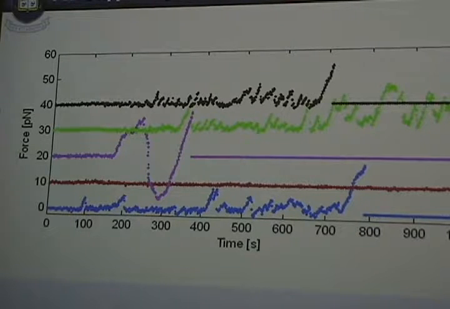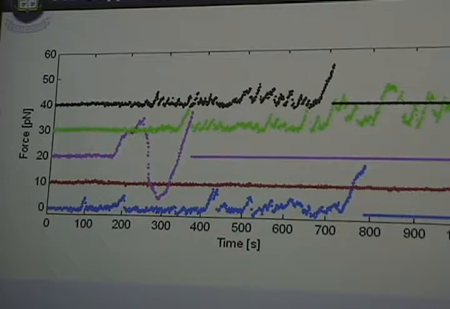Each of these lines represents the force that was felt by a single bead attached to the cell surface as a function of time. We've measured the force at 5 different spots in the cell. You can see there's a great diversity of things. Every particle is feeling something a little bit different. There doesn't seem to be strong correlations in the forces, though the traces have very similar shapes.